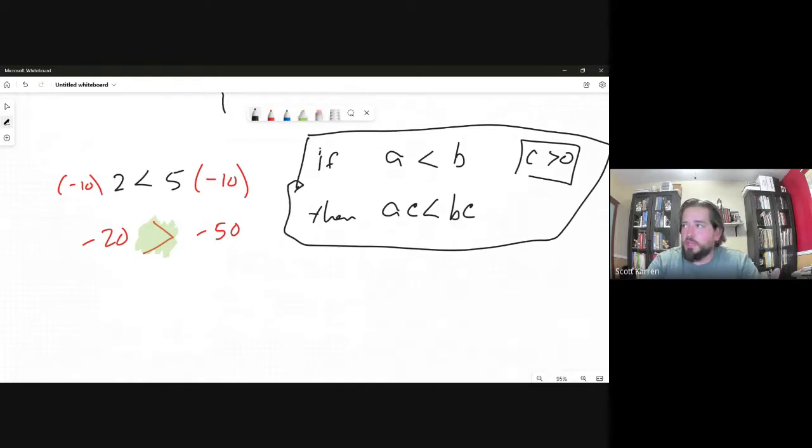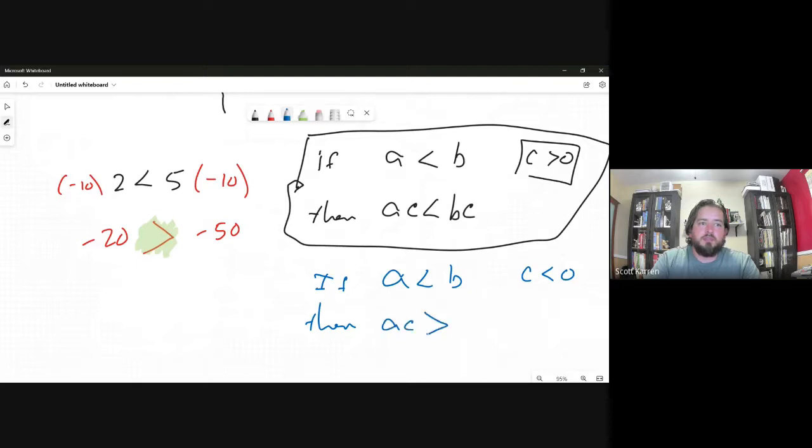Then the multiplication principle still follows. But if I have A is less than B, but C is less than 0, if it's a negative number, then A times C now becomes greater than B times C, right? So what I'm trying to say here is that if you multiply an inequality by a negative number, you have to flip that inequality. Greater thans become less thans, and less thans become greater thans, right?